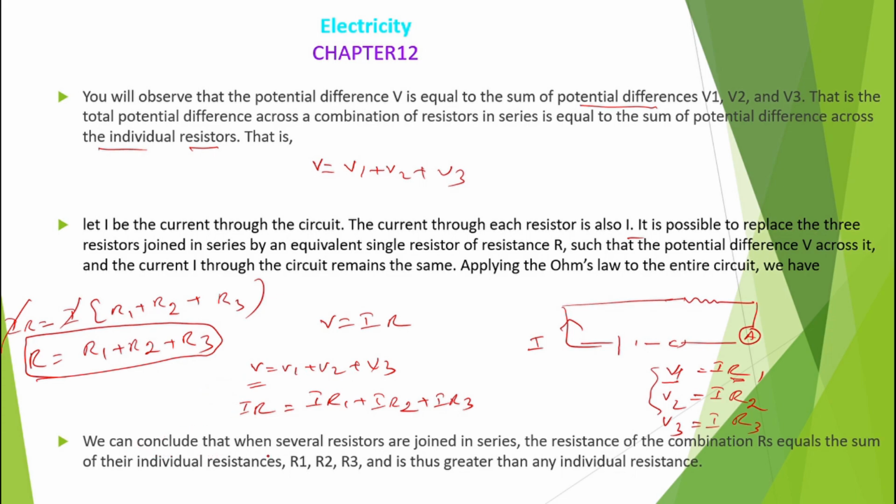So we can conclude that when several resistors are joined in series, the resistance of the combination is equal to the sum of their individual resistances R1, R2 and R3, and thus it is greater than any individual resistance.